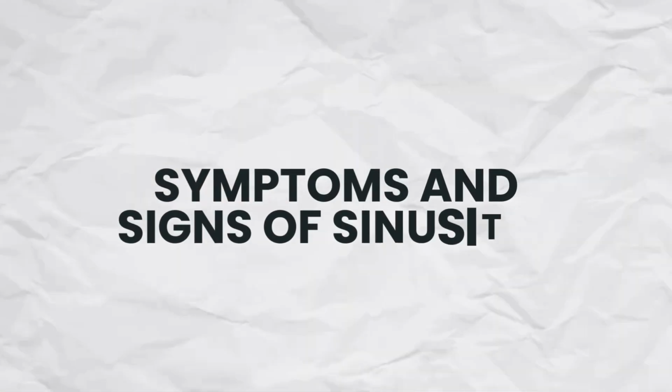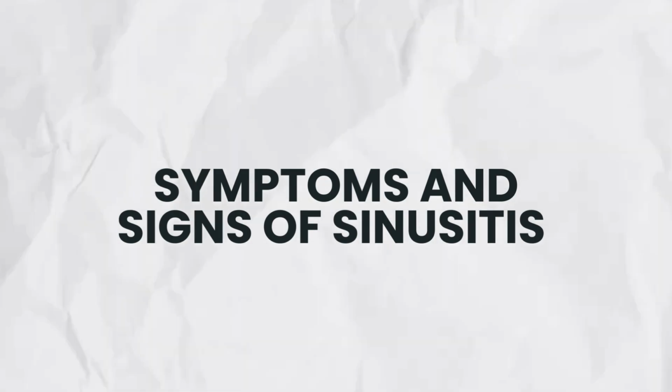Now let's get to know about the symptoms and signs of sinusitis. Like I told you previously about the anatomy, now let's get to know the physiology of sinusitis. When some dry air, allergens or cold factors get inside the body, or the air gets to the nasal canal, it enters the sinus area and blocks it.